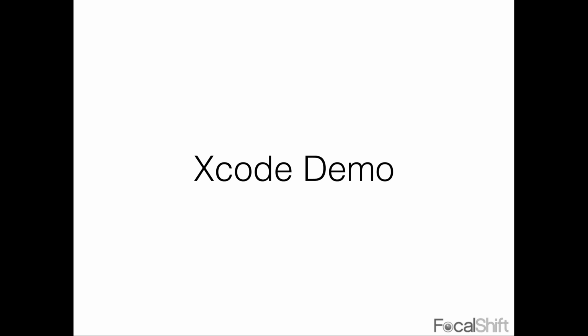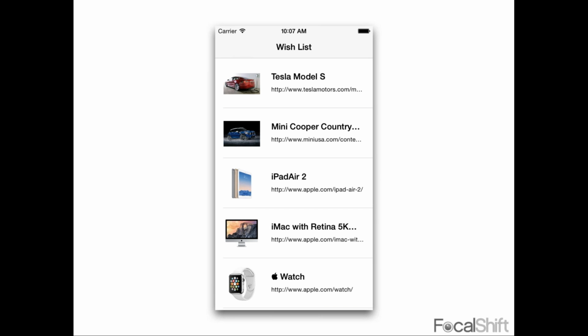Okay, so let's jump into a demo. I want to give you a brief overview of what it is we're going to try to do in the demo, and then I'll go in, launch Xcode, and we'll walk through the process. So this is the app that we've got to look at, and it's basically a wish list app, and it doesn't do anything really other than have a hard-coded list of things that would be cool to play around with, right?